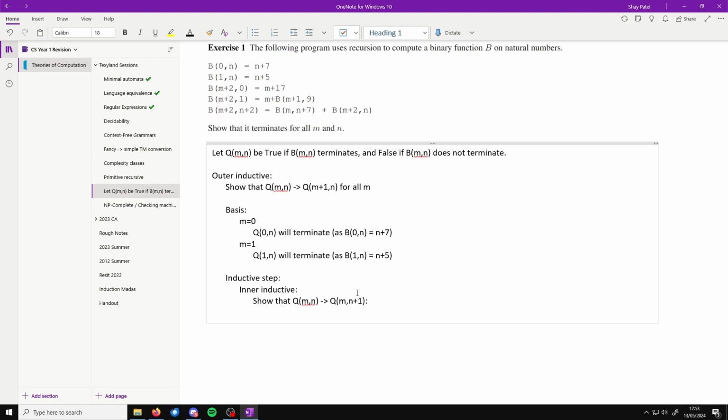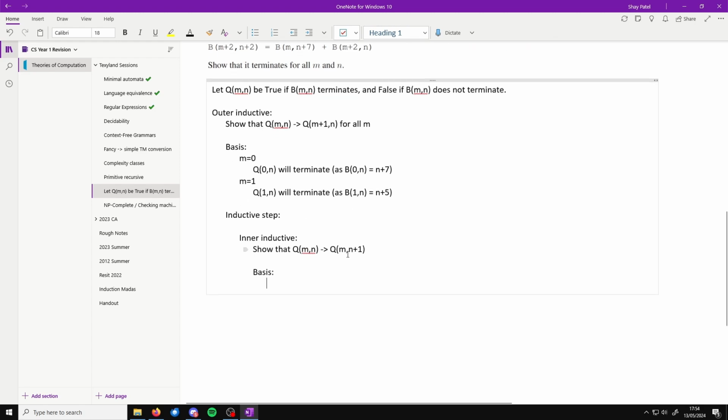Okay, so to show this, we'd have another basis, and this basis would be n equals 0, because this is one of our base cases for n.